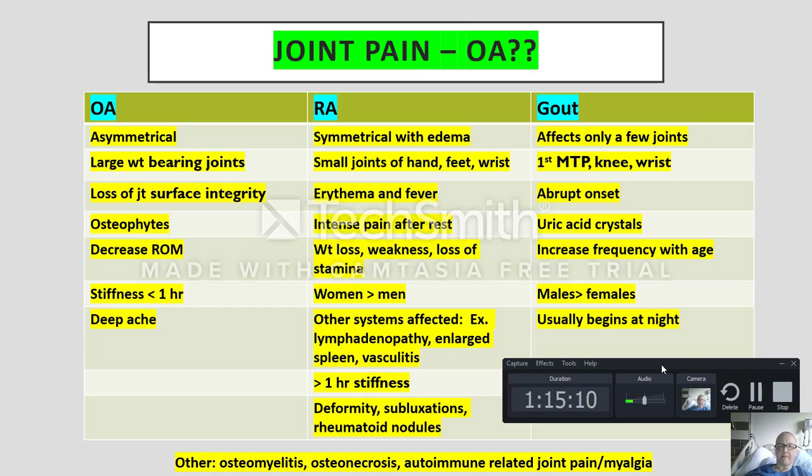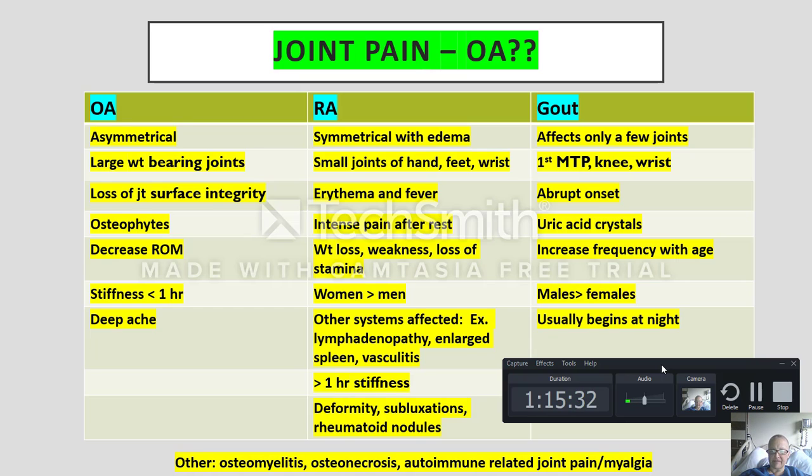So finishing up rheumatoid arthritis, you'll have erythema, redness and fever, intense pain after rest, weight loss, weakness, and loss of stamina. It's more in women than men.